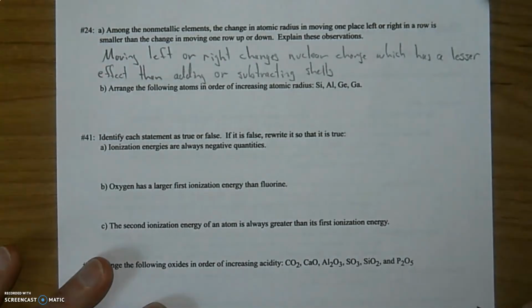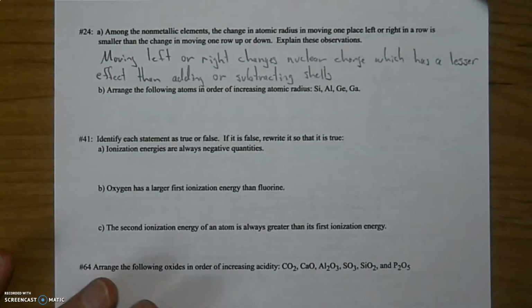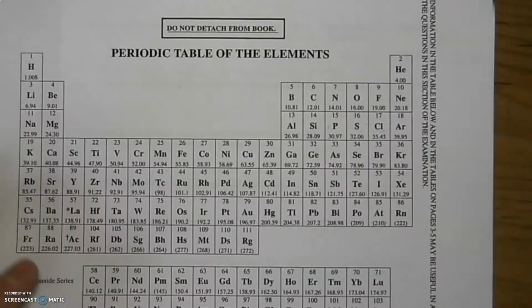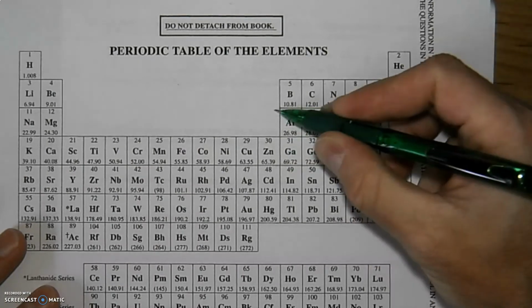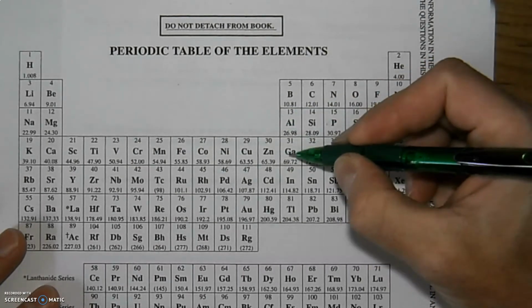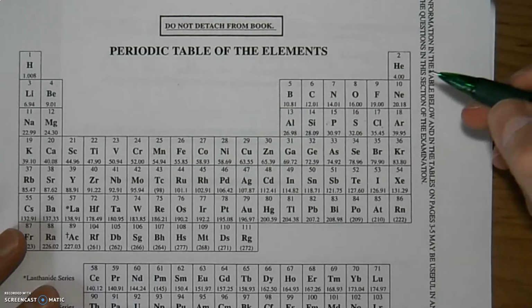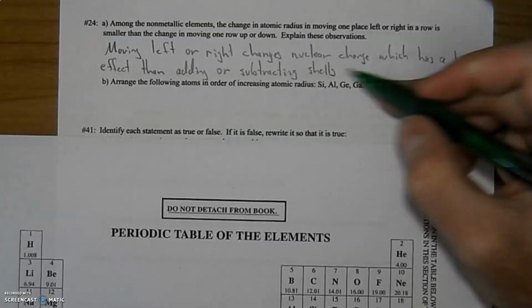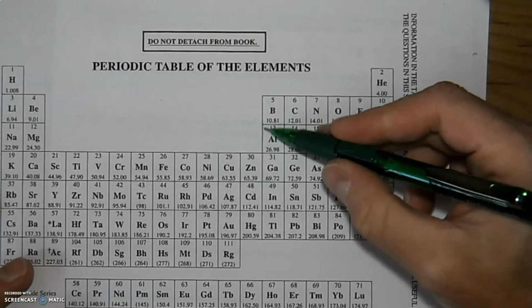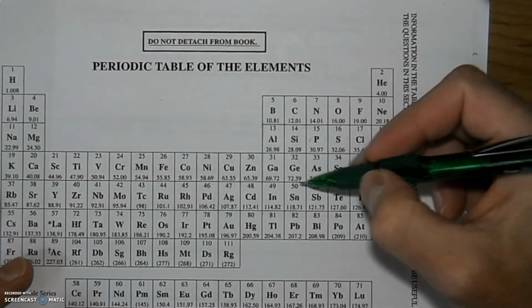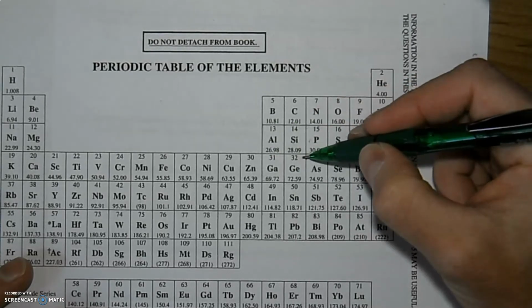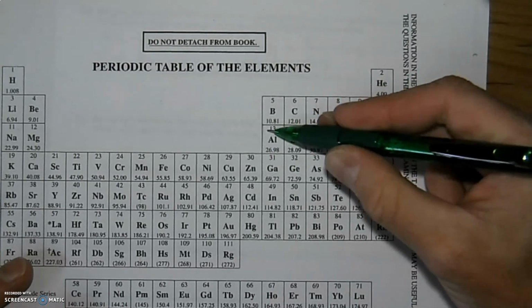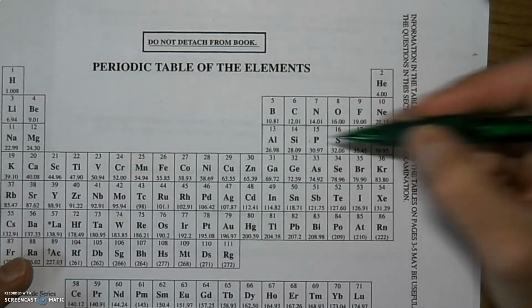There you go. All right, arrange the following atoms in order of increasing atomic radius based on what we just talked about. The ones we're looking at are aluminum, silicon, gallium, and germanium. We want to put them in increasing order, smallest first. Which one should be smallest? Well, the ones up here should be smaller because they have fewer shells. Of these two, which one should be smaller?